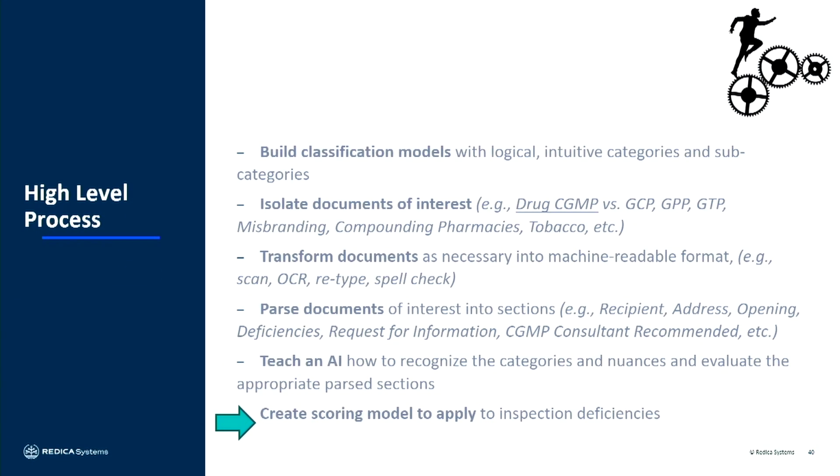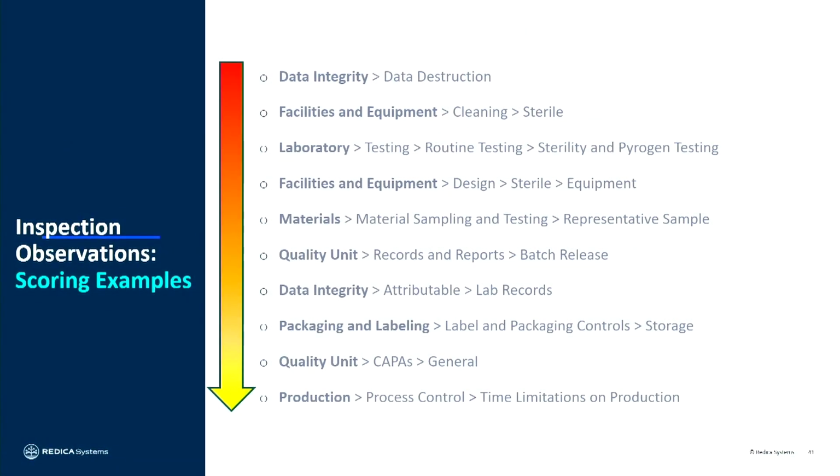So we've gone to this point, we've created these, we've found the deficiencies, we've mapped them. Again, this is the inspection piece we're talking about, right? So then we needed to create a scoring model. This is the slide you saw a few minutes ago, and this is the order that they're in, from really bad to not as bad, top to bottom. So data destruction is bad, right?